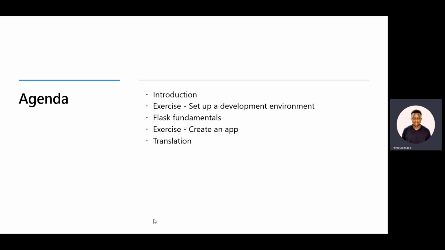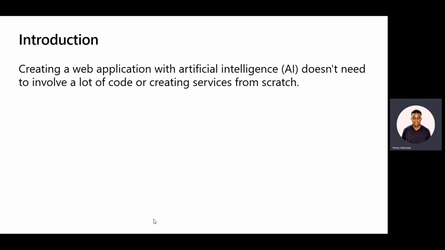For the introduction, creating a web application with artificial intelligence doesn't need to involve a lot of code or creating services from scratch. Let's imagine we want to create a website that translates text for the user. For the front end, we want something that will allow us to integrate our services without having to jump through a lot of hoops. A framework like Flask is a perfect choice.